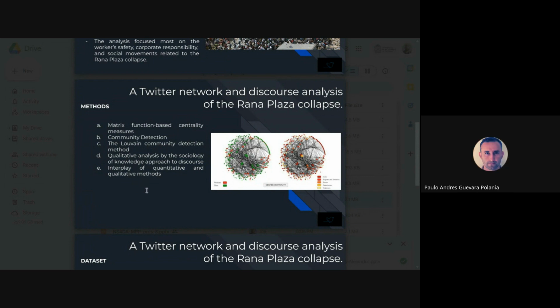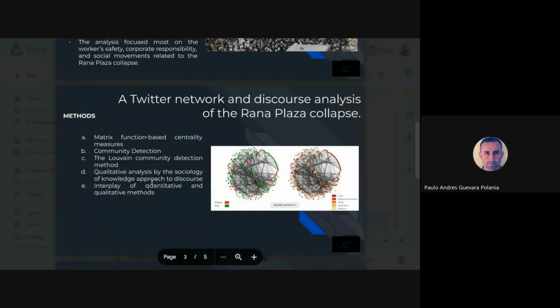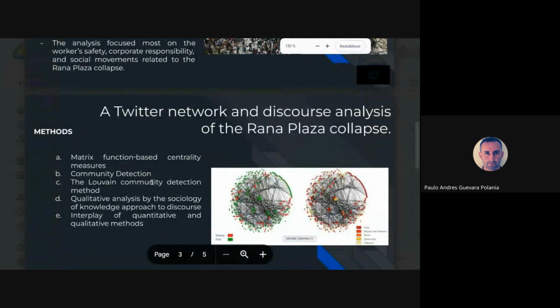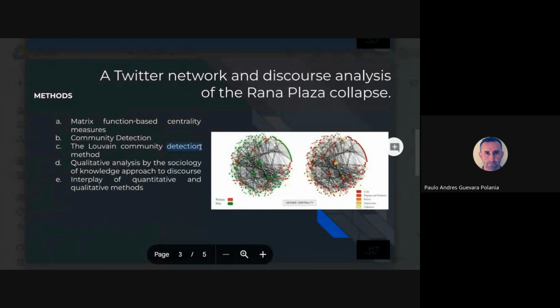It's important to say that in the qualitative analysis, the selection of tweets considered in the qualitative content analysis is based on centrality measurement. For the qualitative analysis of these tweets, the sociology of knowledge approach to discourse was used.